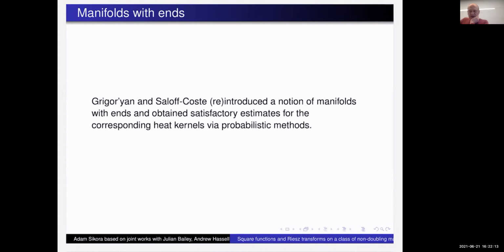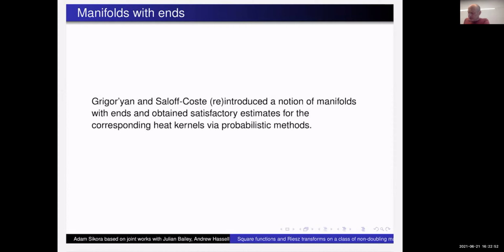A problem with the estimates of Grigoryan and Saloff-Coste is that it is impossible to calculate gradients of the heat kernel, which is essential. And because of the lack of doubling condition, the proofs break very quickly. These are very interesting techniques and very beautiful results.